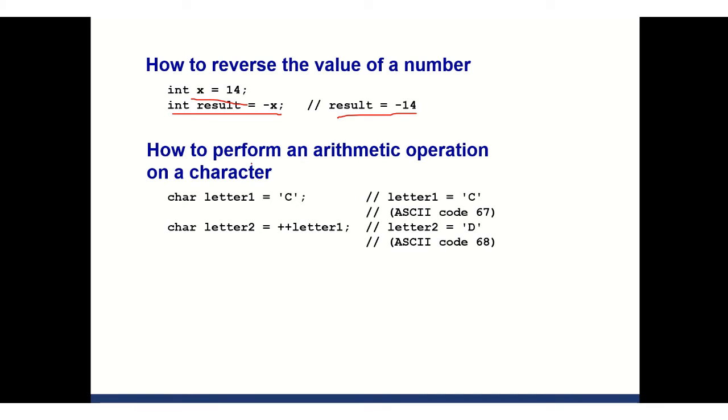Now, how do you perform an arithmetic operation on a character? So you have the letter C. Now you do plus plus letter 1. So then it becomes letter D, because letter C corresponds to ASCII code 67. When you increment it, it becomes ASCII code 68, so it becomes D.